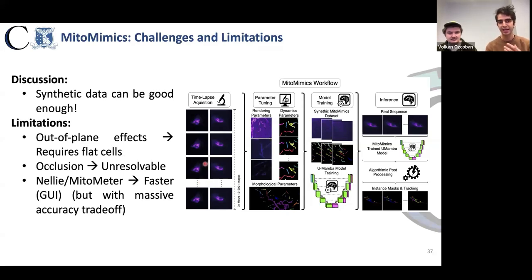And so finally, when we're comparing this to other literature for segmentation, there is a trade-off between performance and usability. So tools like Nelly and Mitometer offer a very accessible one-click workflow, which is preferable if you don't like coding or you don't have a lot of data, stills maybe, or if you just have clean data sets that you want to segment and look at. And so the performance gap might be quite small and you might not get those over or under segmentations.